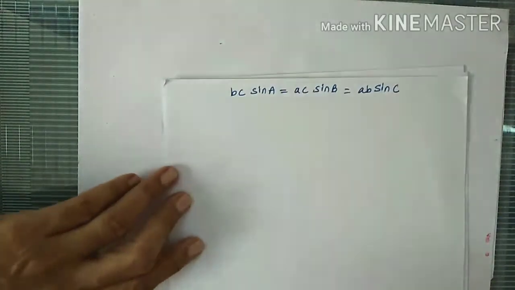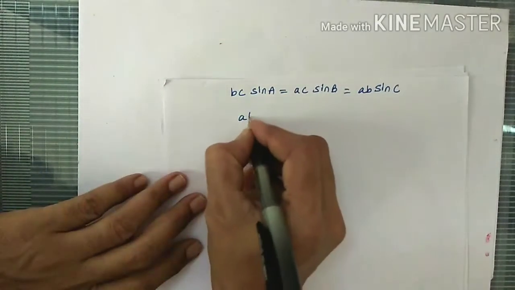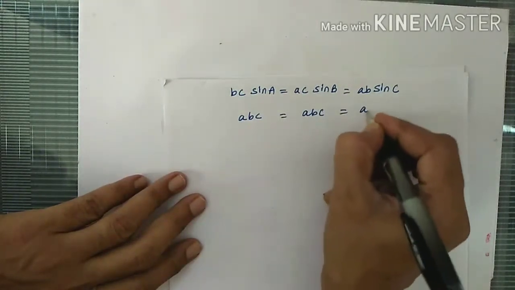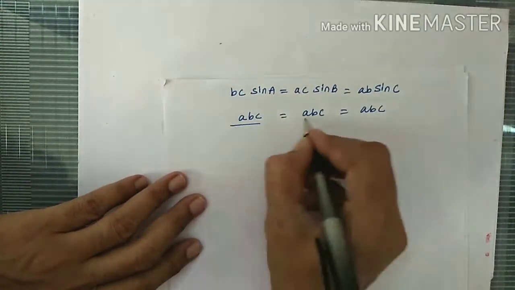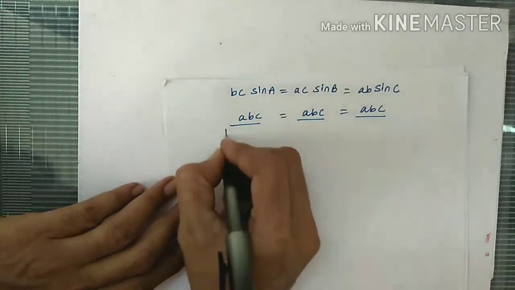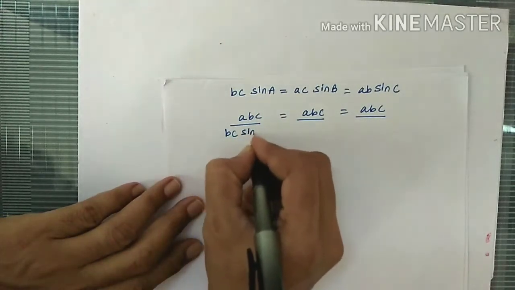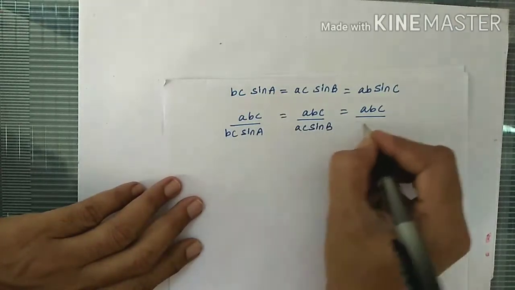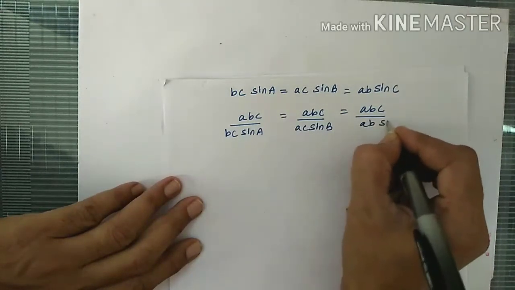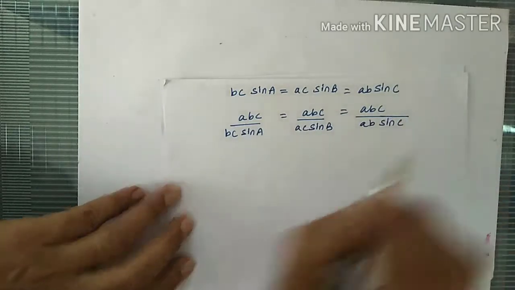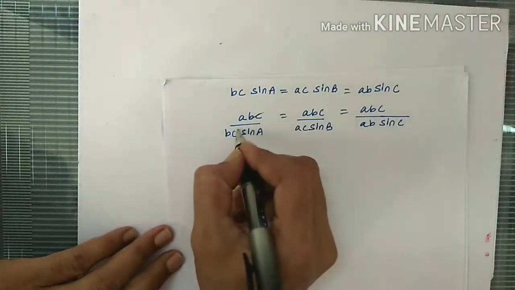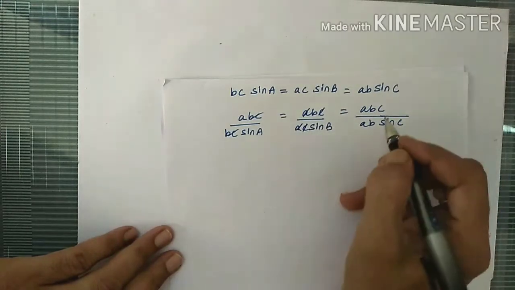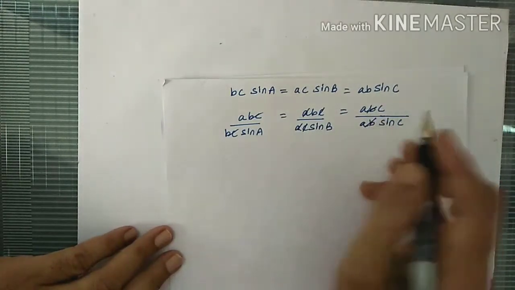Now, dividing these equal quantities by BC sine A, then AC sine B and AB sine C: in the first one BC gets cancelled, in the second one AC gets cancelled, and in the last one AB gets cancelled.